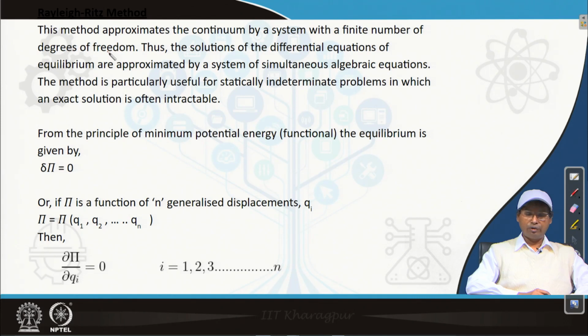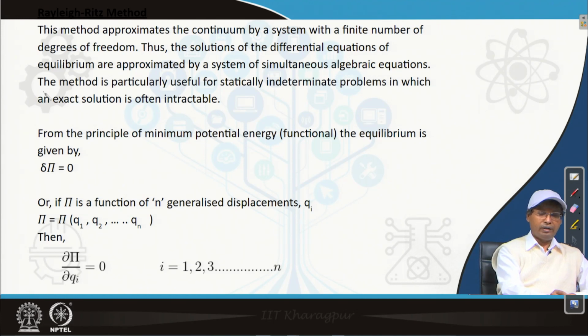We need to solve those simultaneous algebraic equations to find out the approximate solution. The method is particularly useful for statically indeterminate problems in which an exact solution is often intractable.